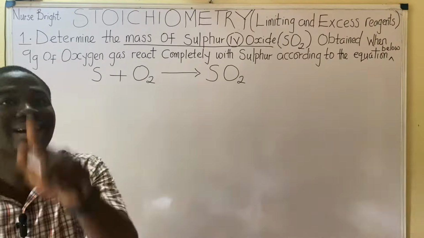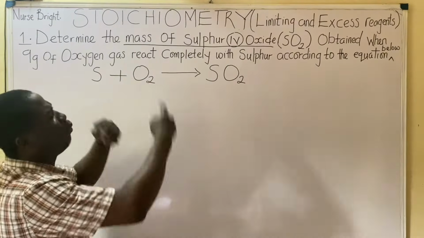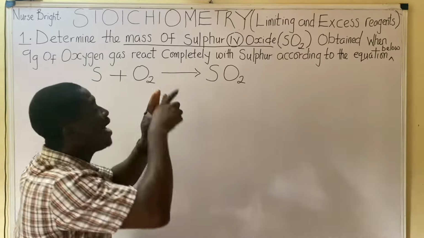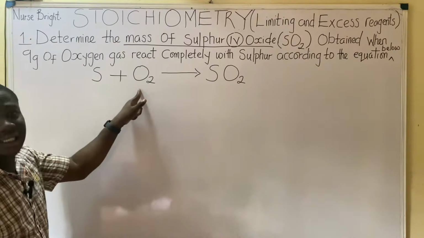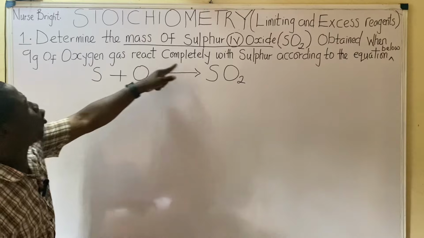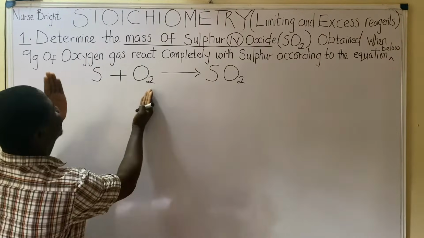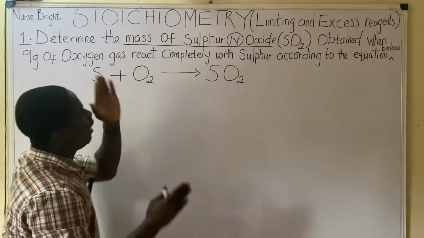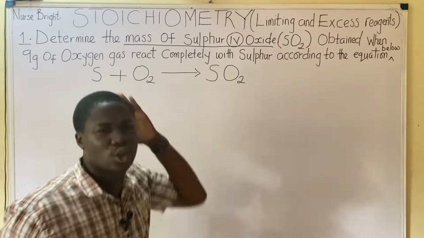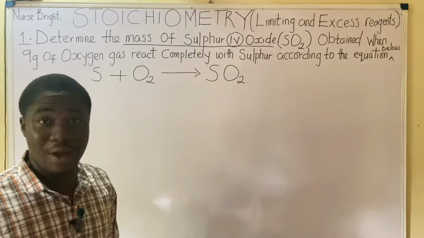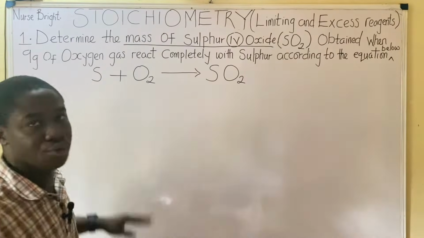How did they obtain SO2? When 9 grams of oxygen react completely with sulfur. This tells me that oxygen and sulfur reacted to form SO2, which is sulfur 4 oxide. I believe you are following me. That's how they got this reaction.